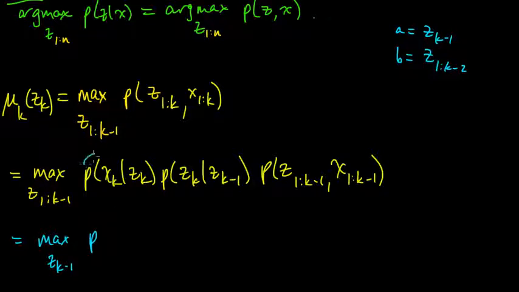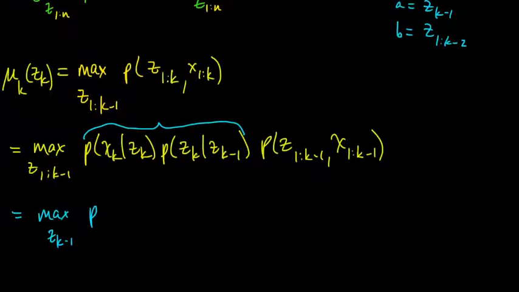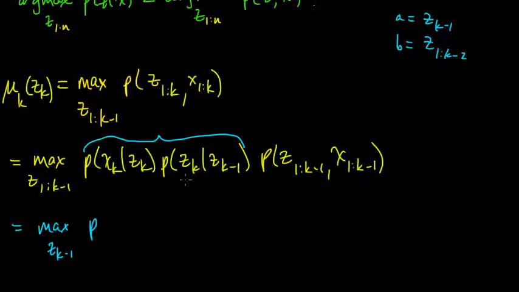Is this going to work? Let's check. The part outside should be a function of a and not b, for the f of a part. This is a, this is b, and that is true, because b is z from 1 to k minus 2. So this will work as our f of a. And the other part should be a function of a and b, and it is, so that works.